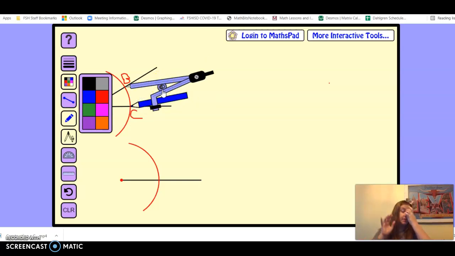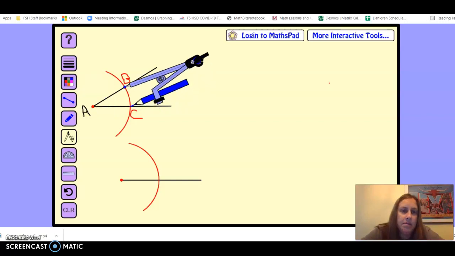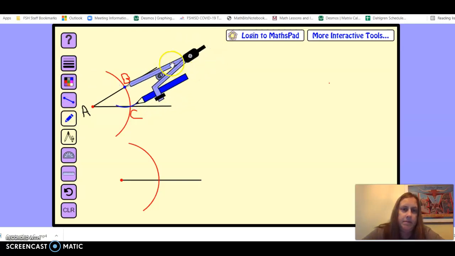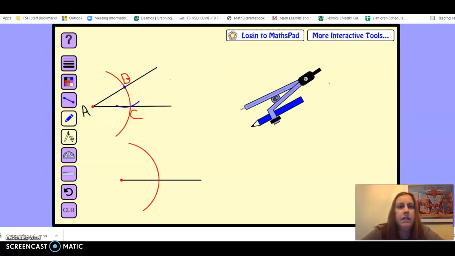Now be sure to put the pencil on C. You have to unlock it to get that distance and then lock it again, so you don't lose that distance. Once you get that there, make a little mark right there on where C is. Okay, so we've got our little arc, little mark.